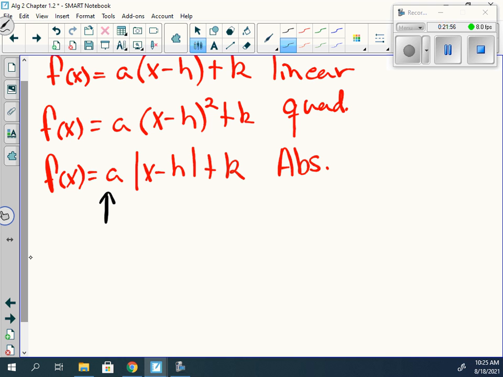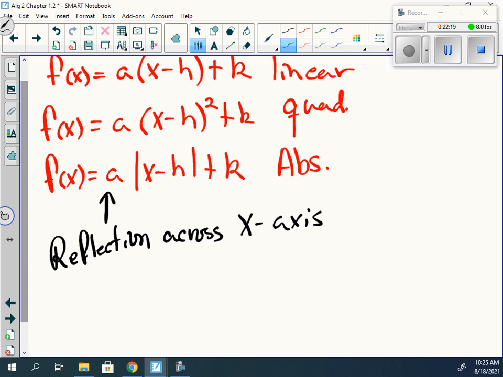But a has two things. Is across the x-axis. So whenever we have negative a, it's taking it from above the graph to below.